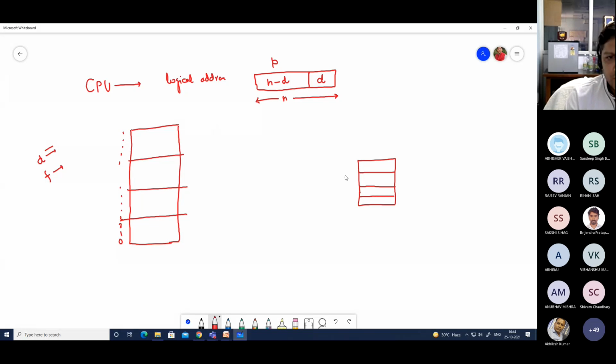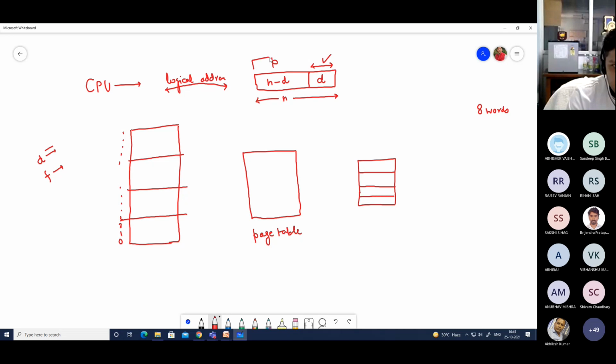Which page will map to which frame is decided by a page table. When the CPU generates a logical address, depending upon the size of the page, suppose the page size is 8 words, d would be 3. Depending upon the size of the page, you get these bits.